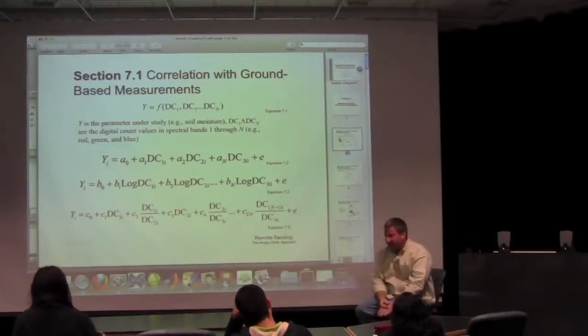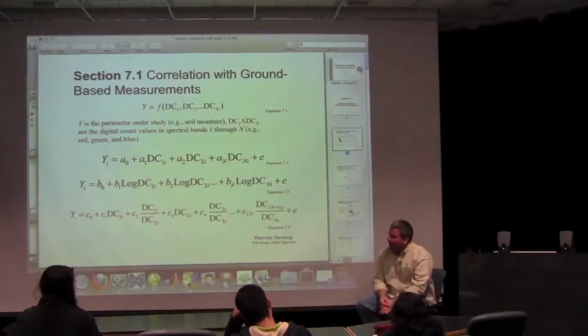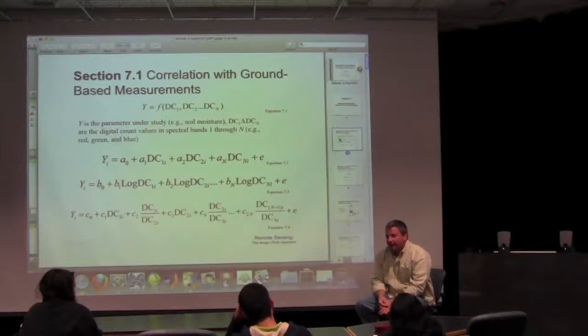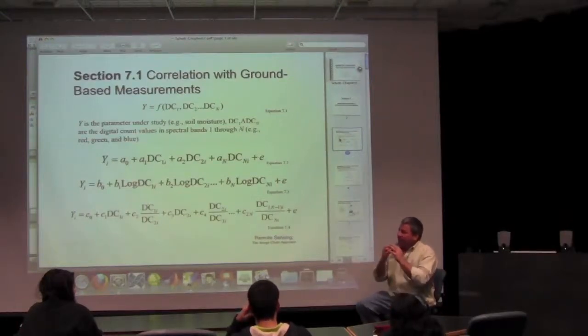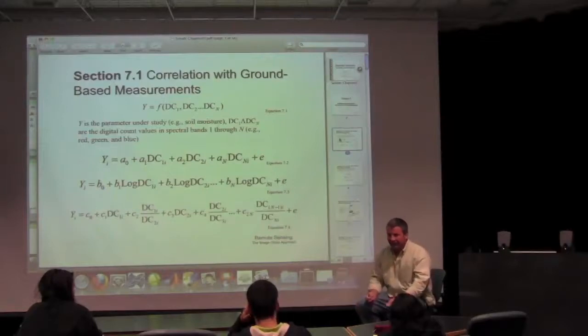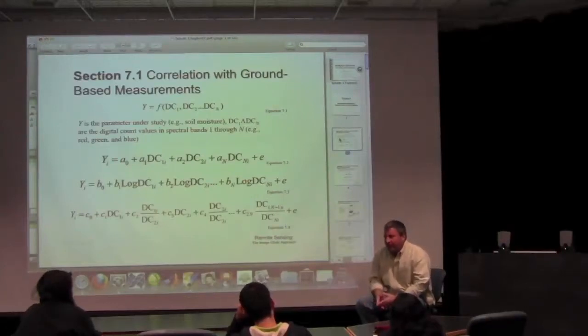Then we'll introduce another term that we call atmospheric normalization, which is probably over the past 15 years or so starting to get used a lot more within the remote sensing community too. I will at times slip between those terms, and in reality it doesn't matter what you call them as long as you know what you're doing. But I'll try to stick with the right terminology, and I'll try to point out as we go along what might be the subtle differences.